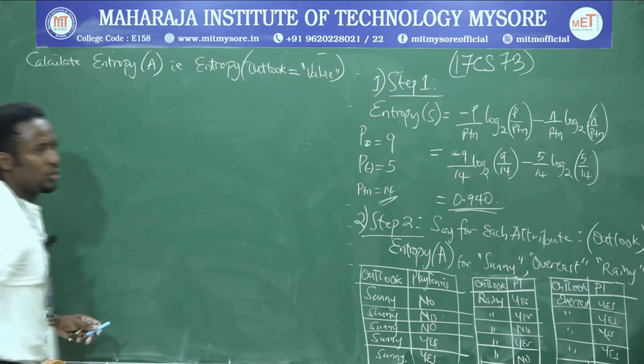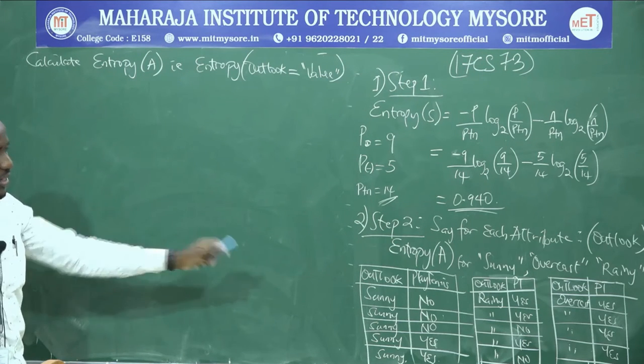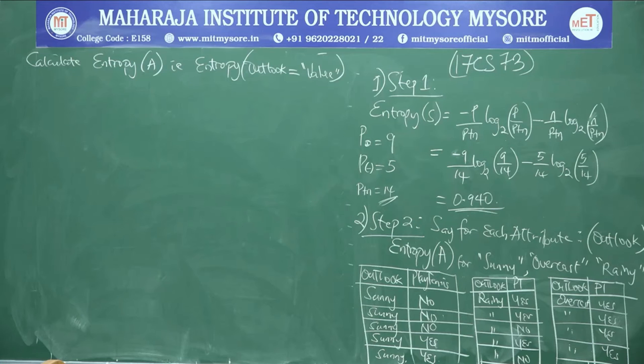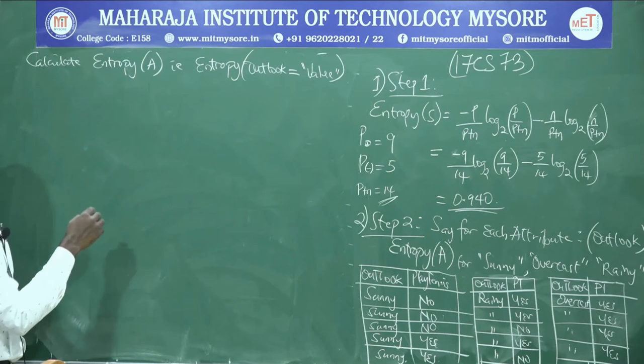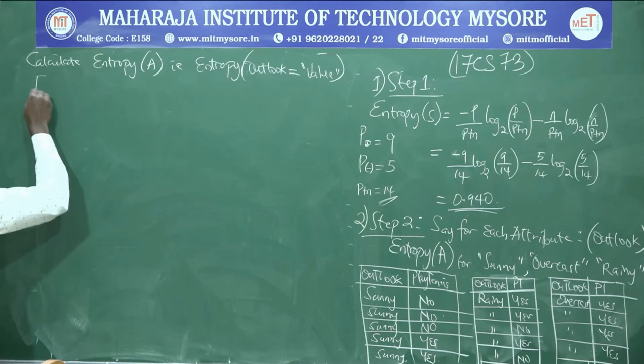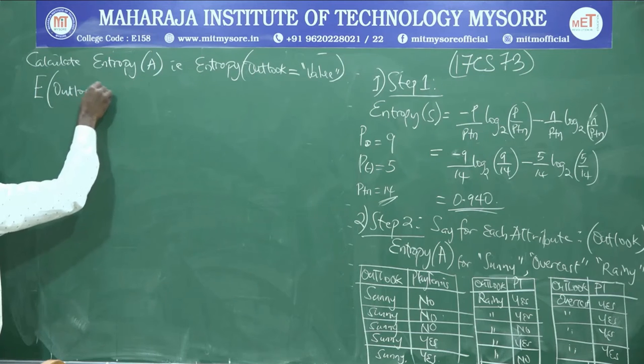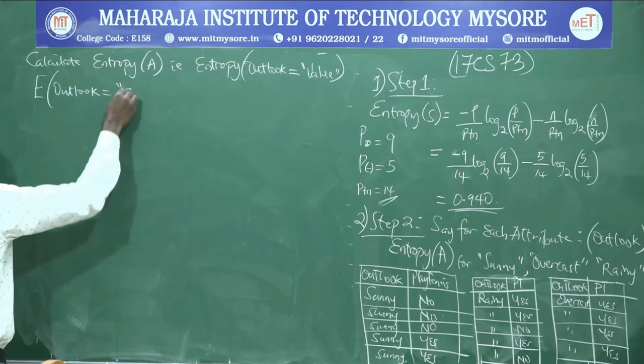So the first one is entropy of sunny. Please, the formula is still there, it has not changed. So we call it entropy of outlook equals, let's plug in the values now, sunny.